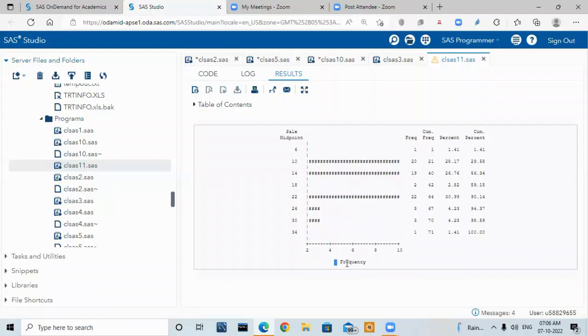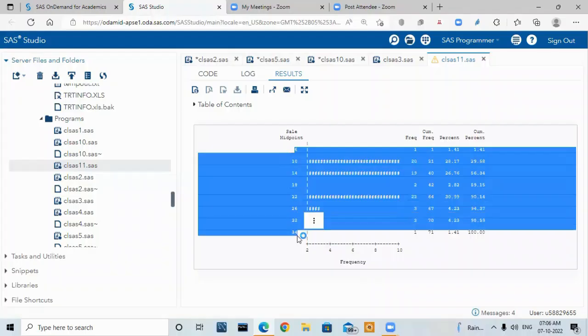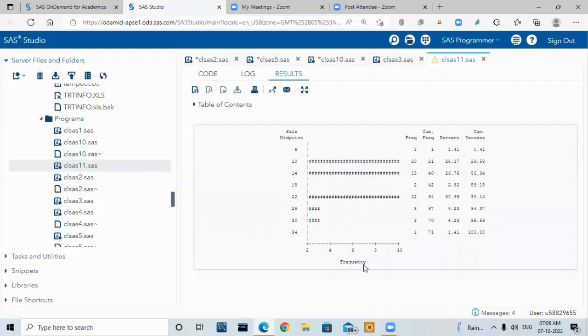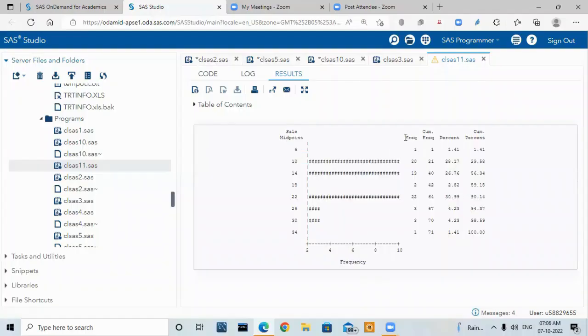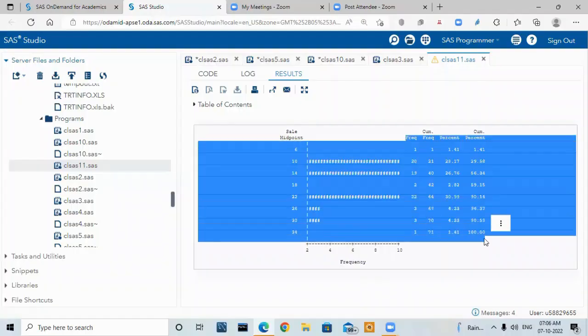The x-axis consists of frequency and the y-axis consists of sale. Everyone clear? The axes are reversed. There, x-axis was sale, y-axis frequency. Here x-axis is frequency, y-axis is the sale. And there is a frequency distribution table also on the right hand side. Understood?